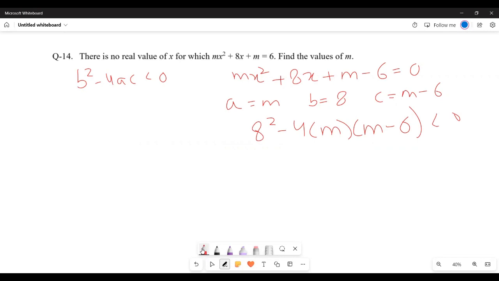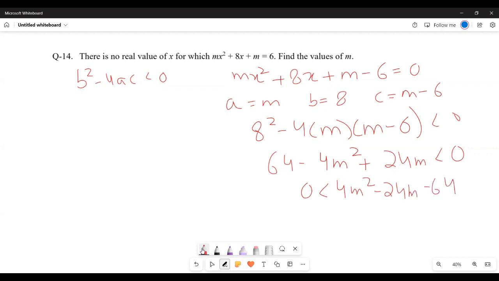This gives us 64 minus 4m squared plus 24m less than 0. I'm going to bring everything to the right so that it becomes 4m squared minus 24m minus 64. Divide both sides by 4: m squared minus 6m minus 16.